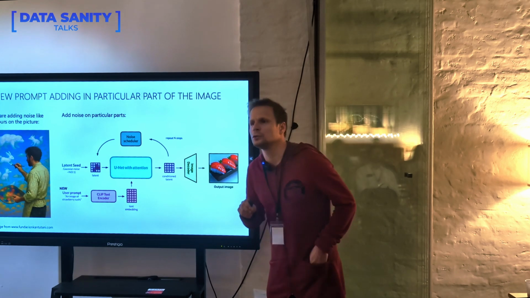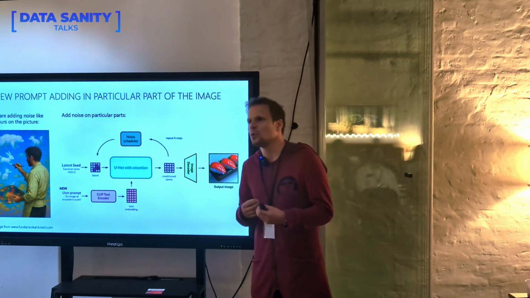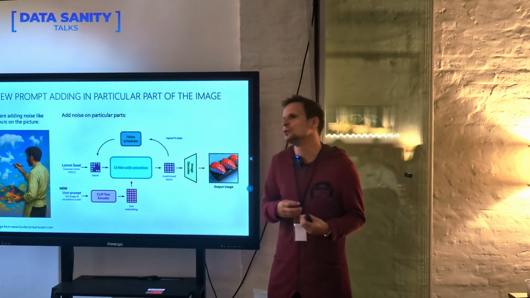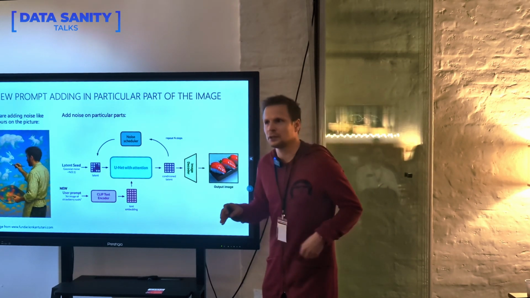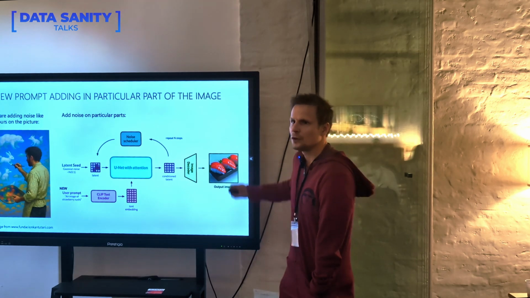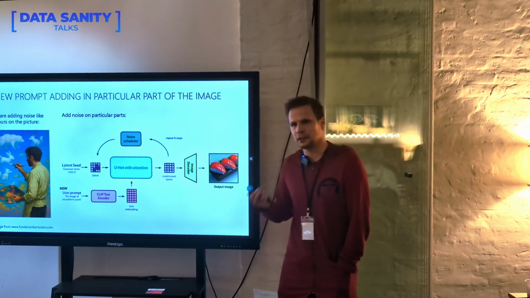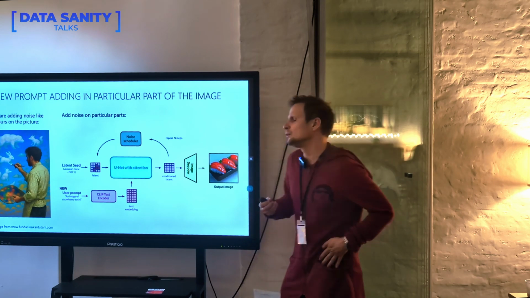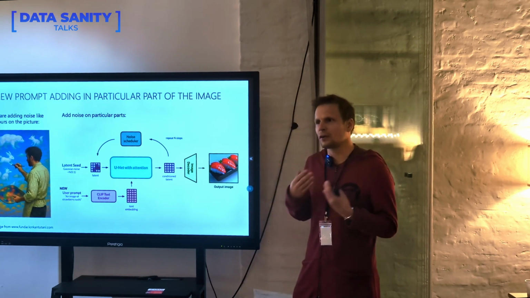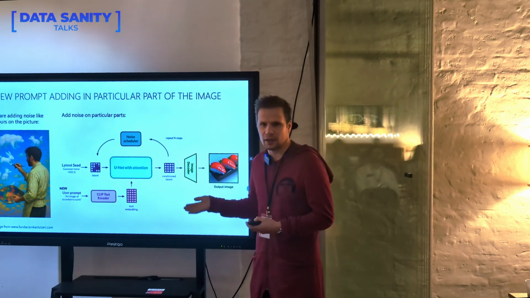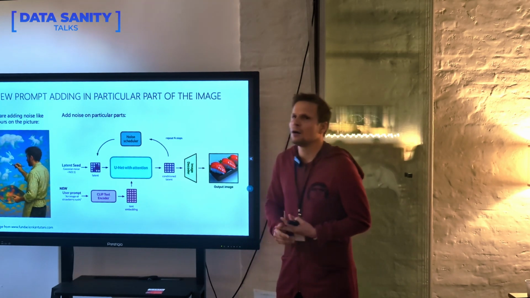And if we mix this part of the image with embedded text, we allow the user to not regenerate the full picture, but regenerate part of the picture with a specific object or change what the user wanted to change. And this will be introduced into the full picture organically because we add noise there. So this was our idea.